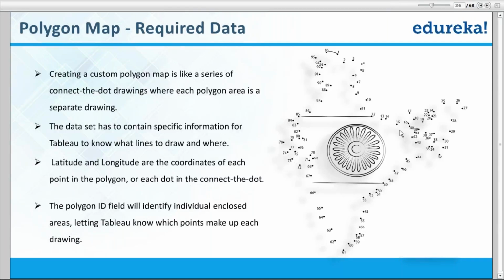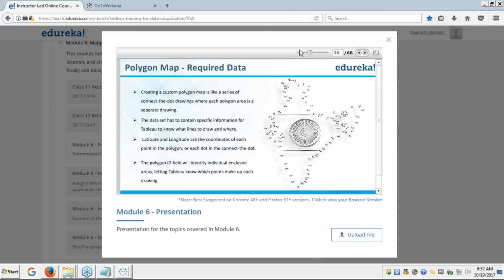Have you all done this, friends? Connecting the dots? Not only in your life do we need to connect the dots, but you must have done it very early as well. Have you done this exercise, friends? Okay.